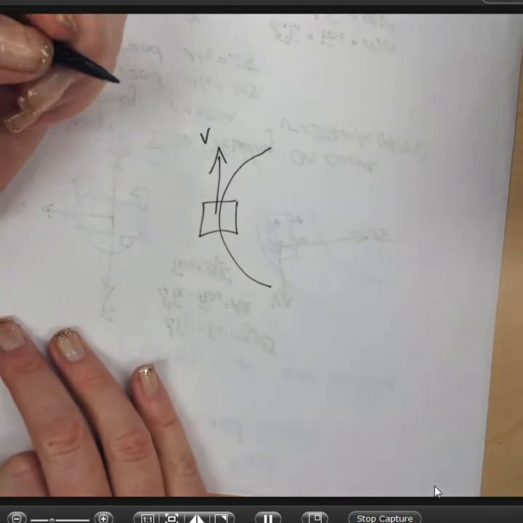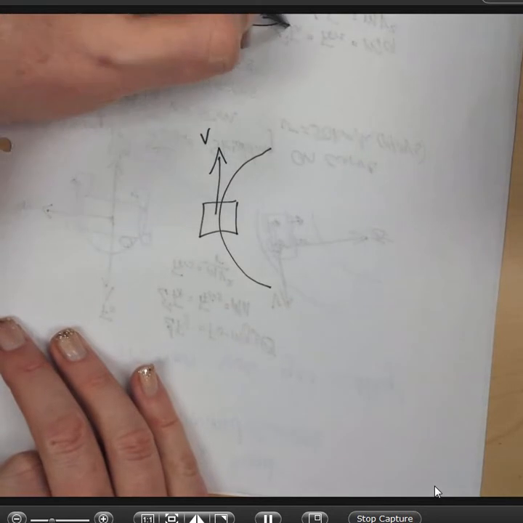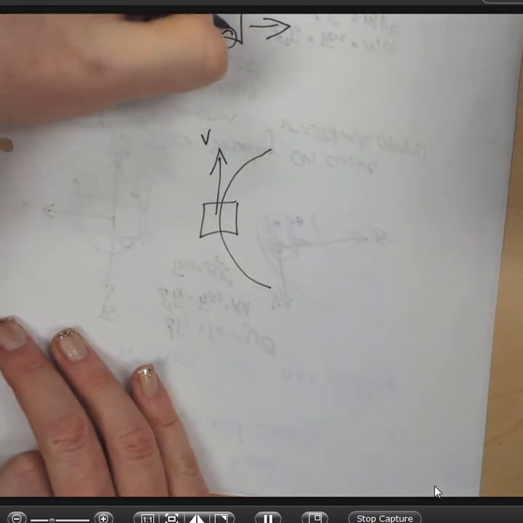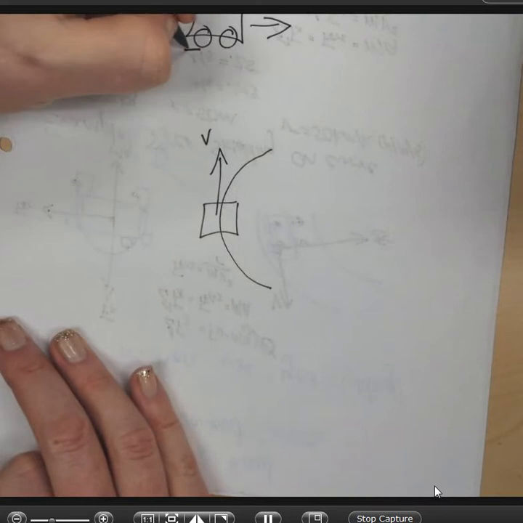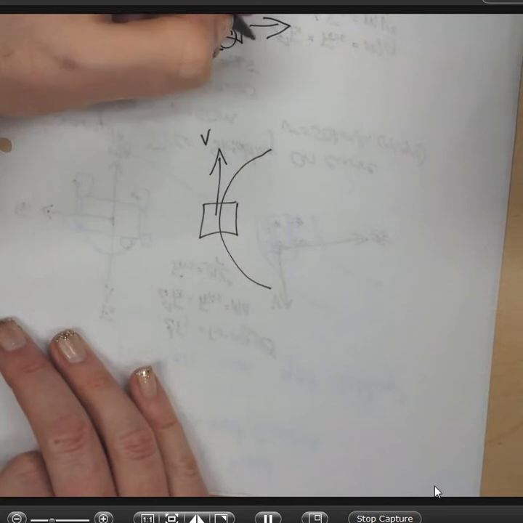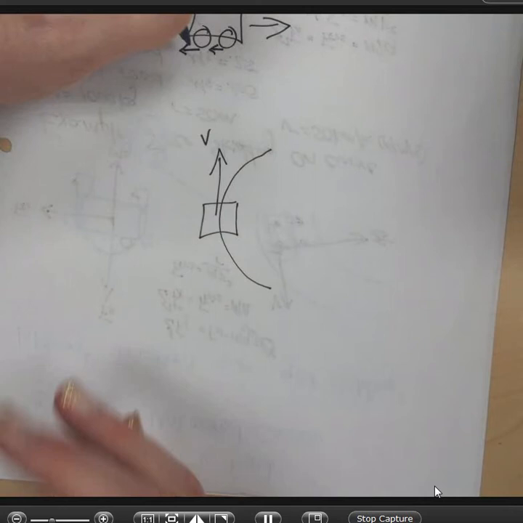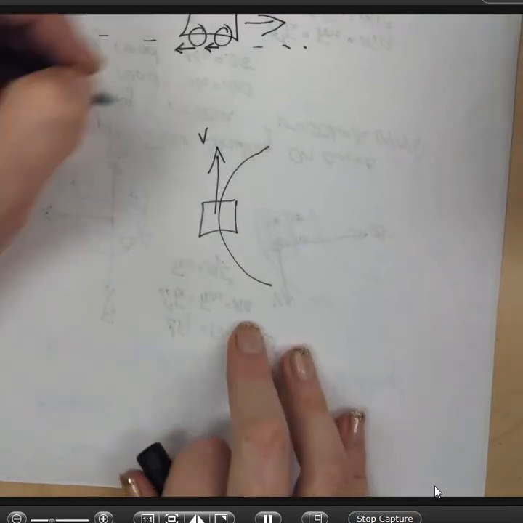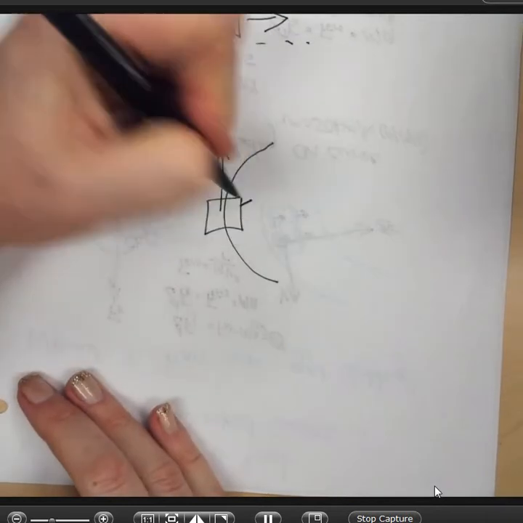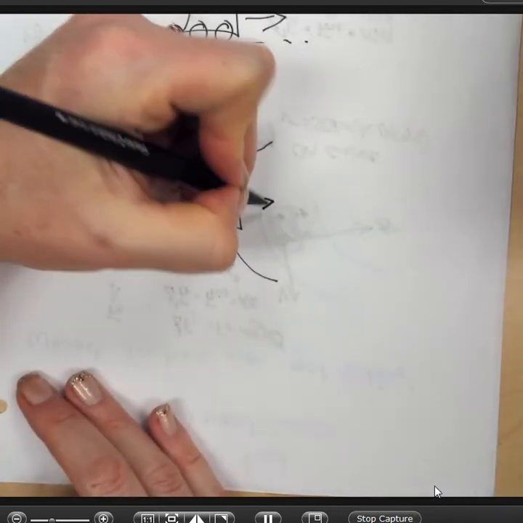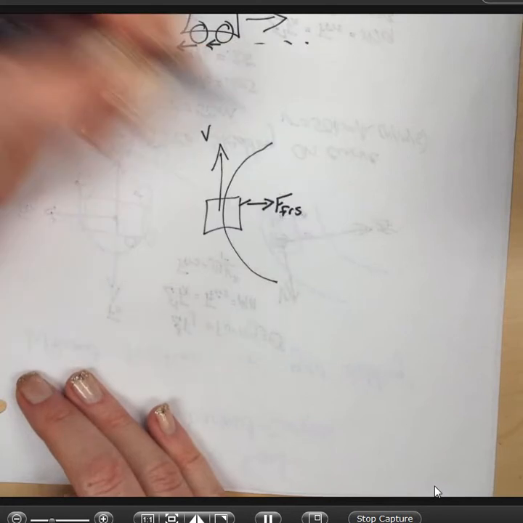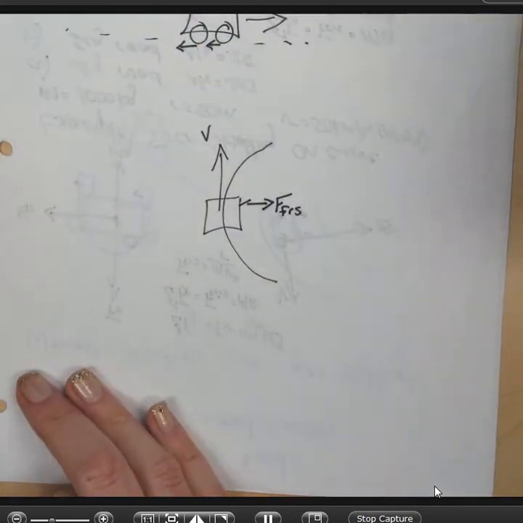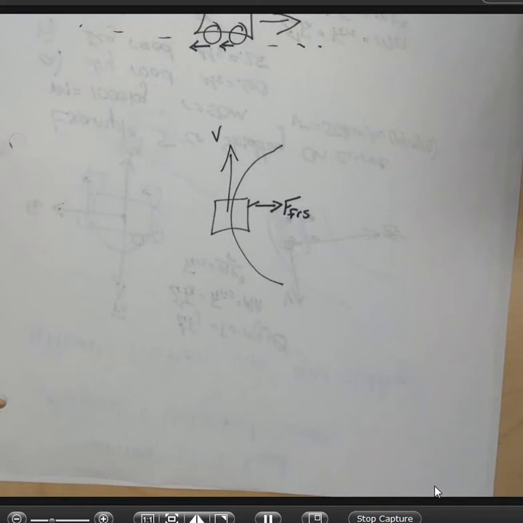If you're driving straight and your wheels are pointed straight, then the force of static friction is on the same axis as your travel. However, when you turn the wheels, your friction also turns, and so your force of static friction is pointed perpendicular, and that's what allows you to turn the wheels and change the direction of the static friction.